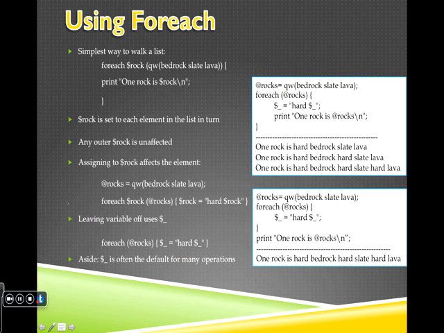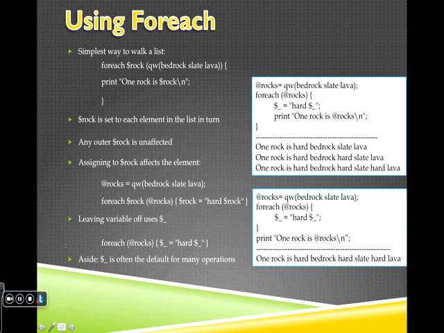For the first value, which is bedrock, print out for me one rock is the value of rock, in this case bedrock. The second time will print slate, the third time will print lava.